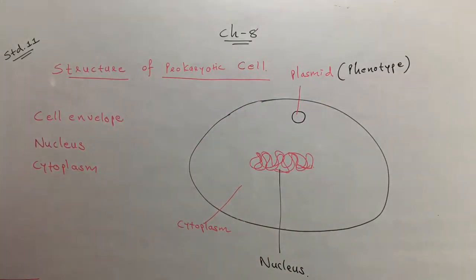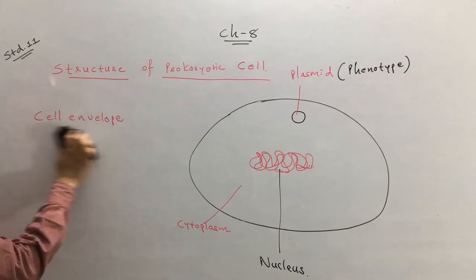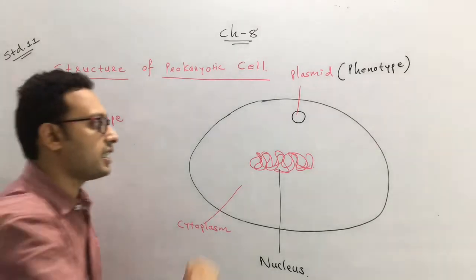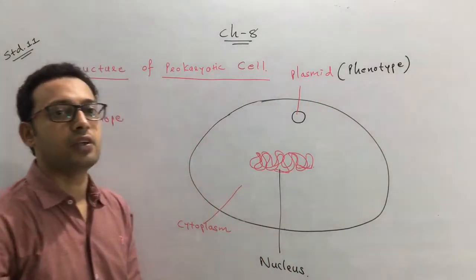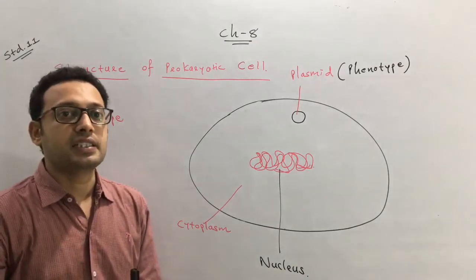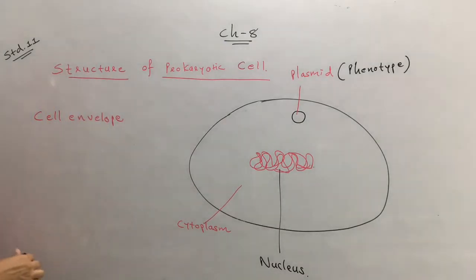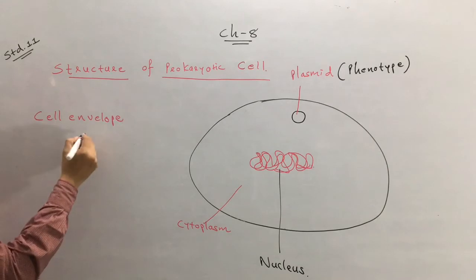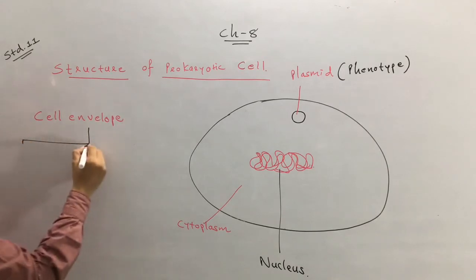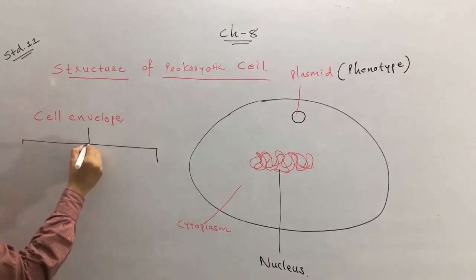A cell envelope means the covering or boundary that surrounds a cell. This is a bacterial cell. This bacterial cell has 3 layers around it. How many layers? 3 layers. Which are the 3 layers around the bacterial cell?